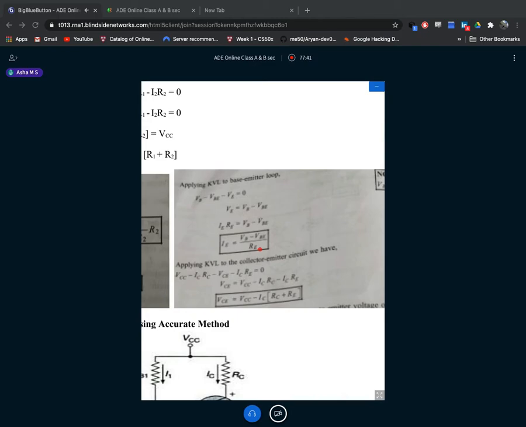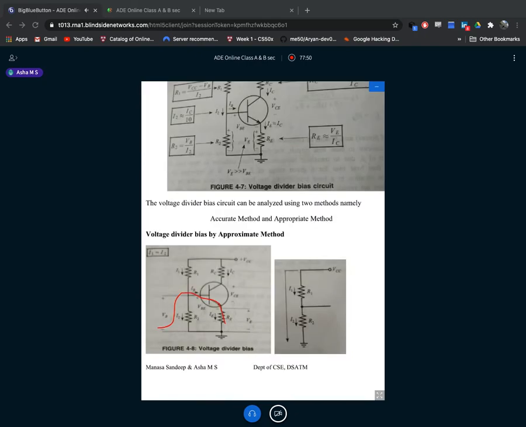This is the circuit diagram of this approximate method.